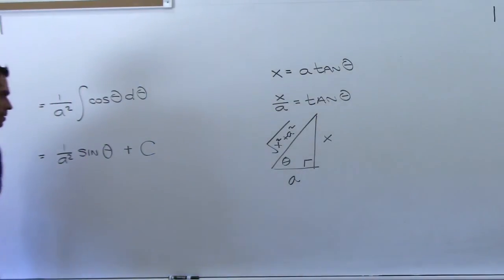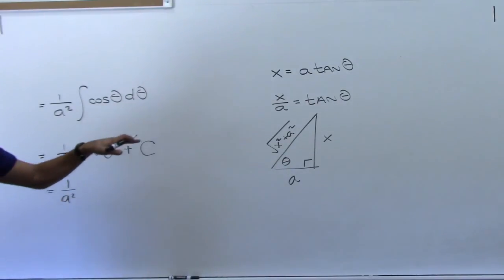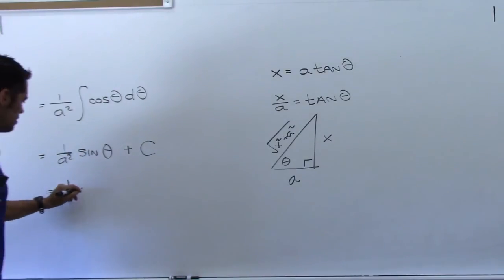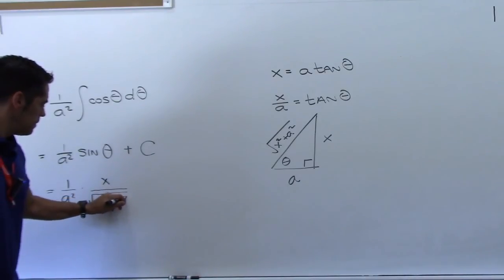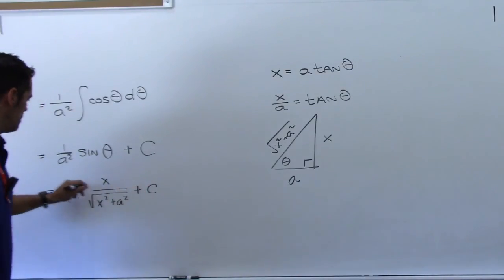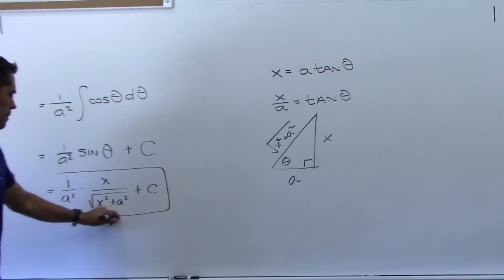And we need what? Sine. So sine is opposite over hypotenuse. There we go.